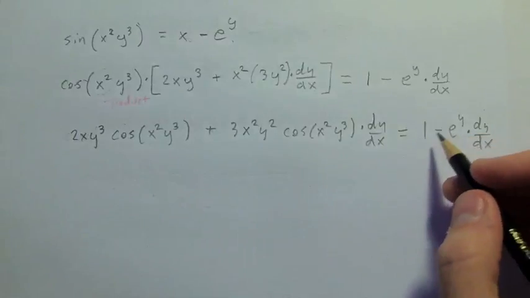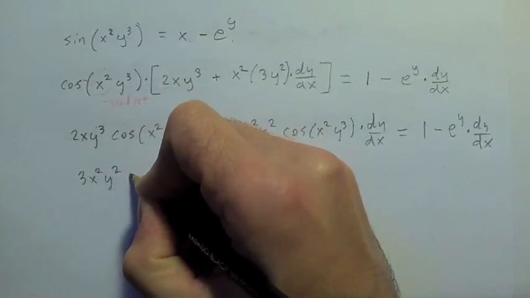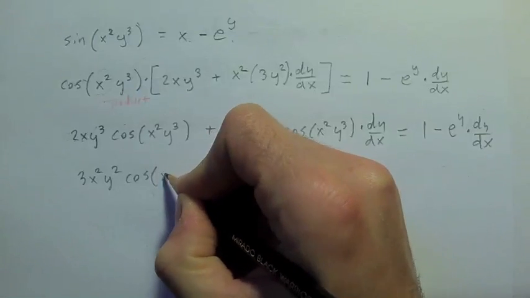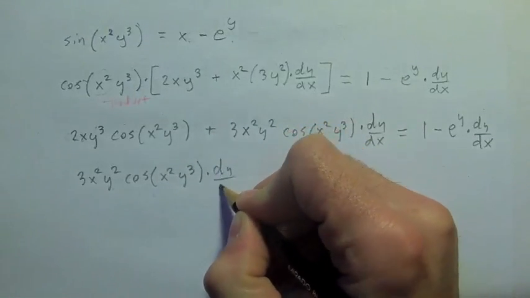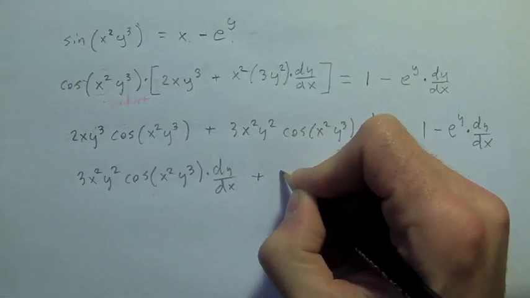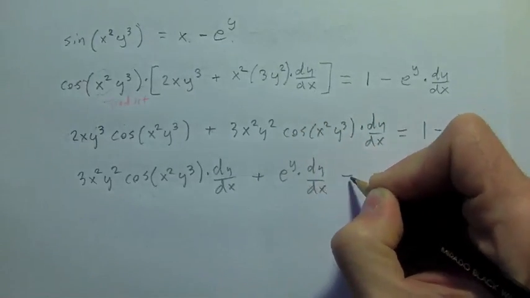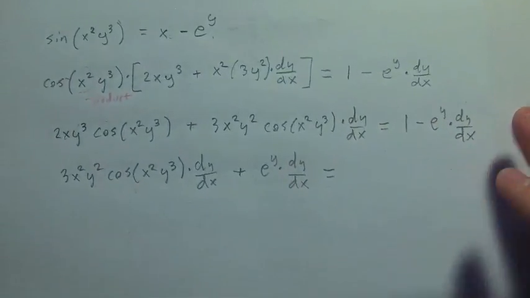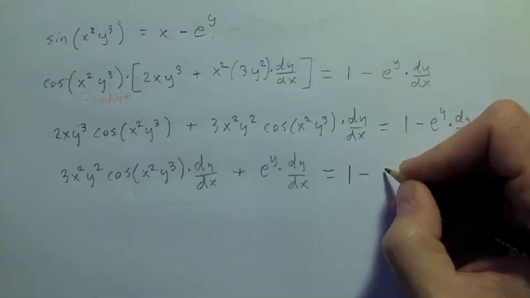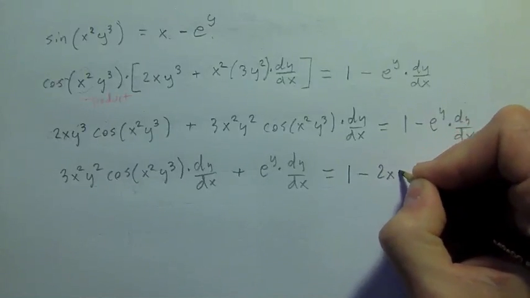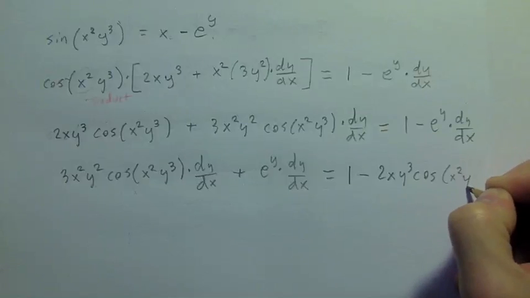So I'm going to move this over, get 3x squared y squared cosine x squared y cubed times dy over dx plus e to the y times dy over dx is equal to 1, and when I move this over it will become minus 2xy cubed cosine of x squared y cubed.